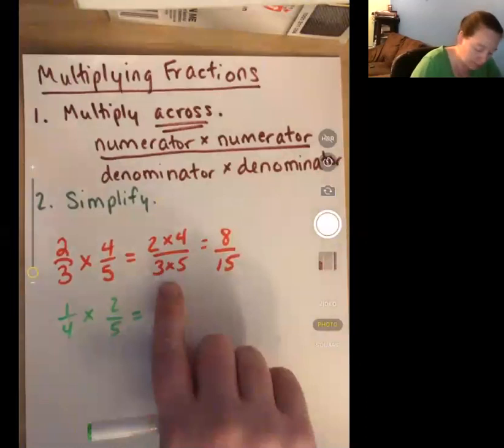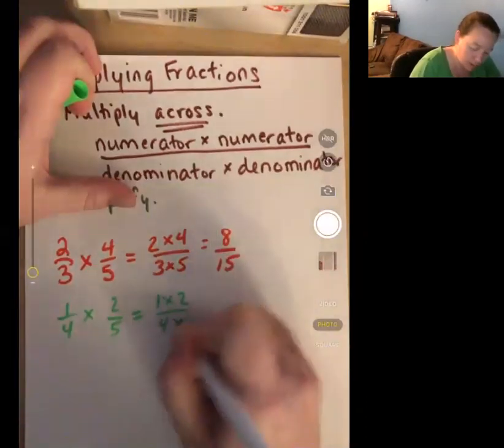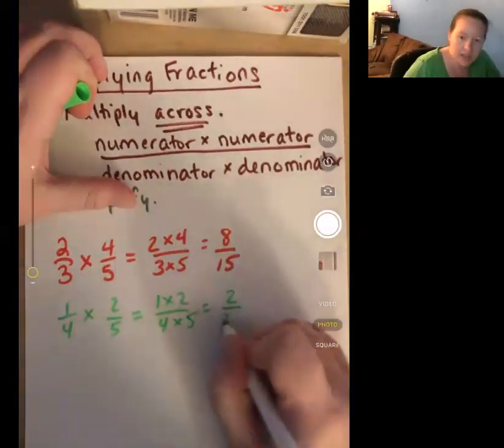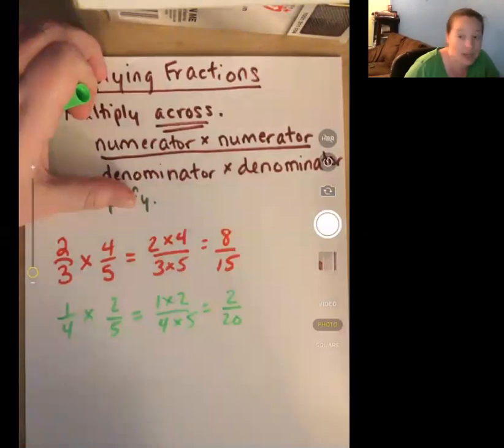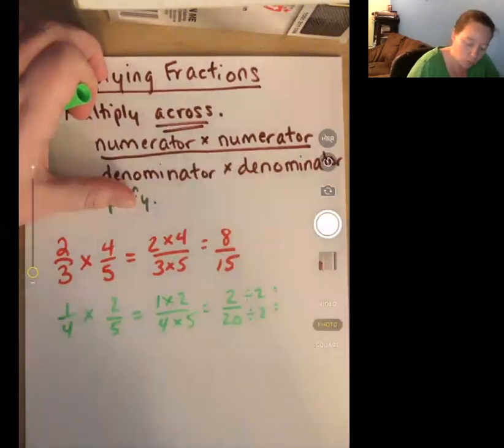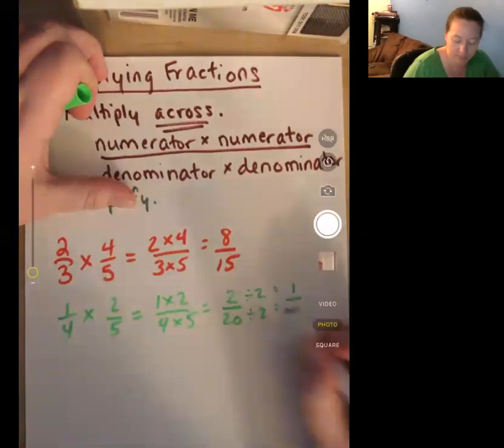I can do straight up 1 times 2 over 4 times 5. 1 times 2 is 2. 4 times 5 is 20. And go, can I take a 2 out of that? Yes, I can. So let's take out the 2. 2 divided by 2 is 1. 20 divided by 2 is 10.